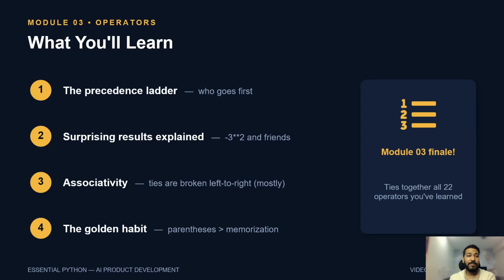So guys, we're talking about the agenda of today's session. We are going to understand the precedence ladder, in what manner we give precedence to the bracket or other operands. Then we are going to understand the surprising results explained. There are some scenarios where generally the computation works from left to right, giving more weightage to the brackets than power.